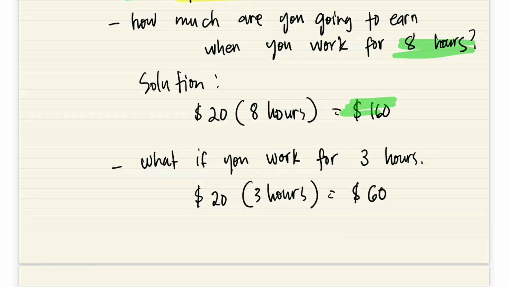So by multiplying the number of hours you work by the amount that you earn per hour, you will have the earning for that specific number of hours.